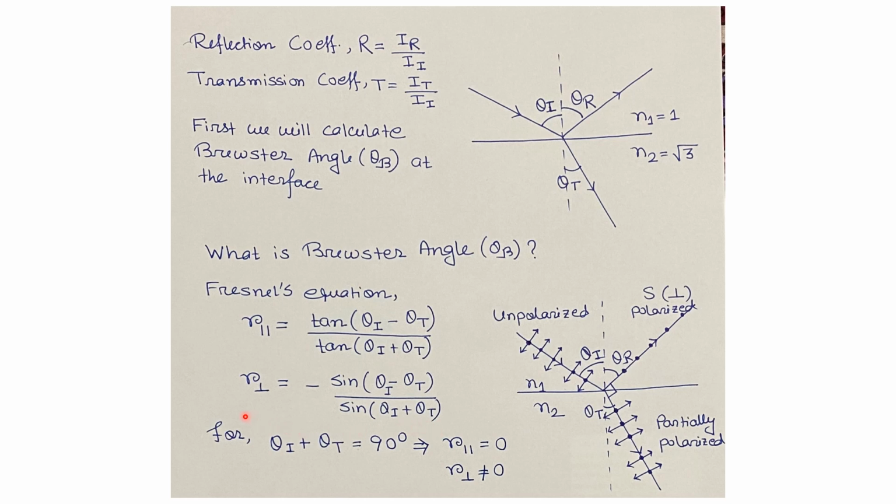If we look into these relations carefully, for the first relation, if theta I plus theta t is 90 degree, then tan of (theta I plus theta t) is infinity. So effectively we get R parallel is 0. But for this condition, theta I plus theta t equals 90 degree, R perpendicular is not equal to 0. So from this condition we can get the estimation of the Brewster angle.